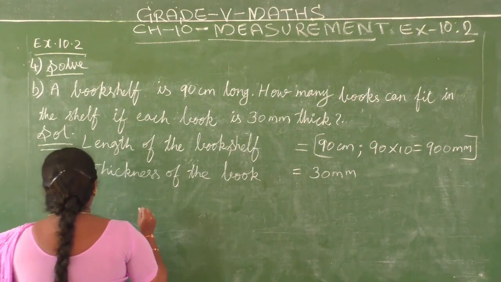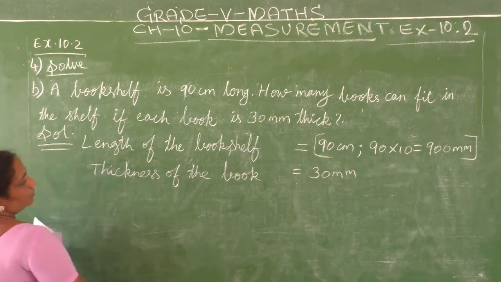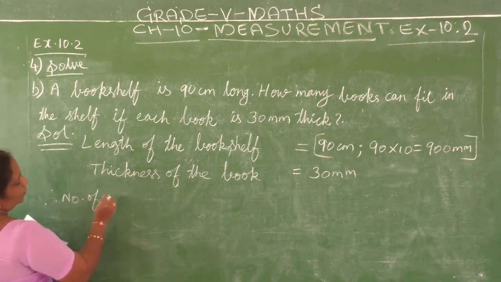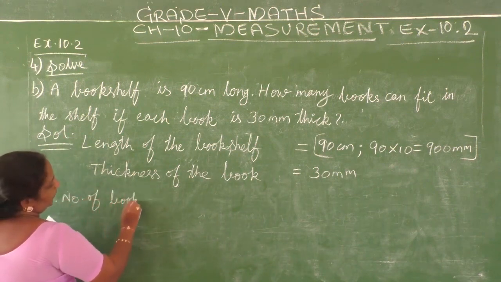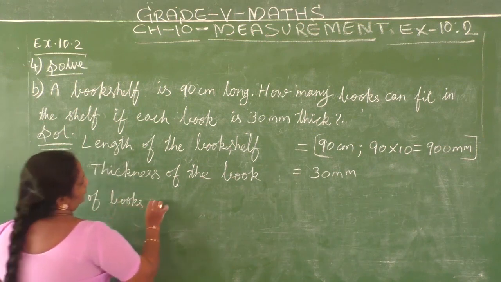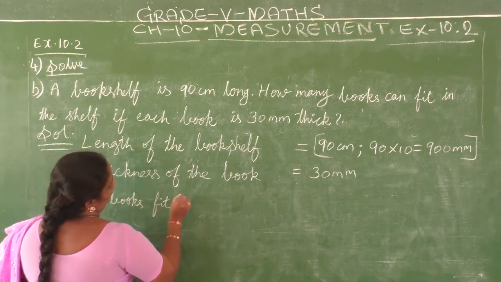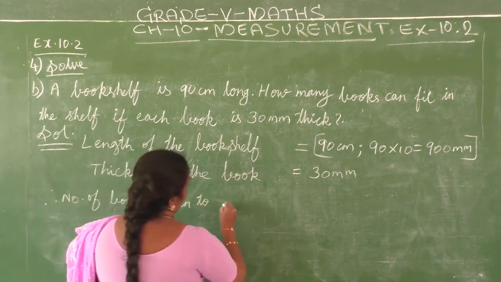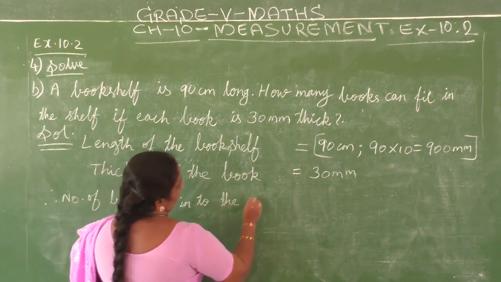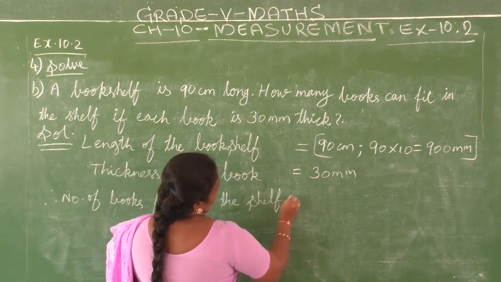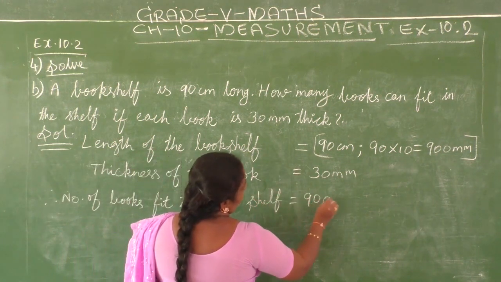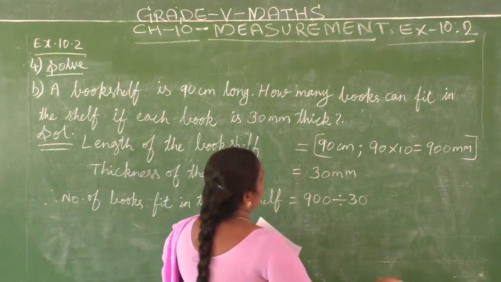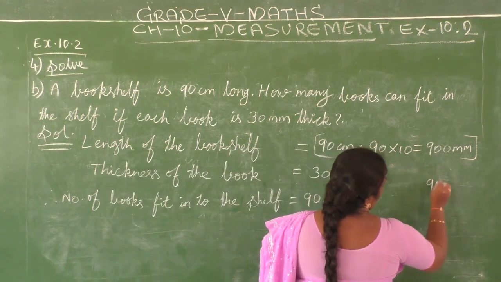Number of books fit into the shelf is 900 divided by 30. So as usual, normal division. I work out on the side.